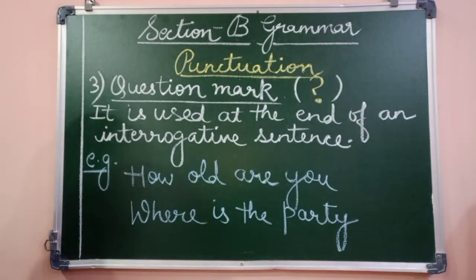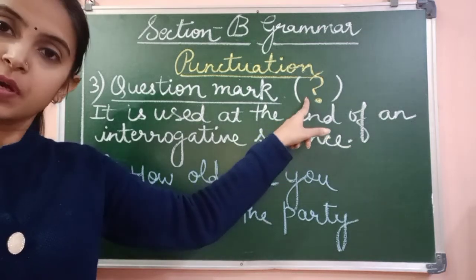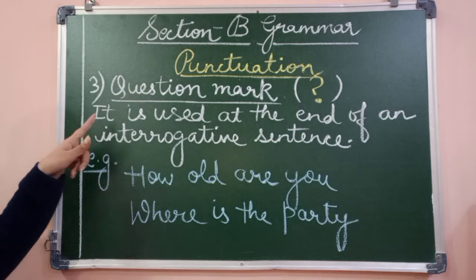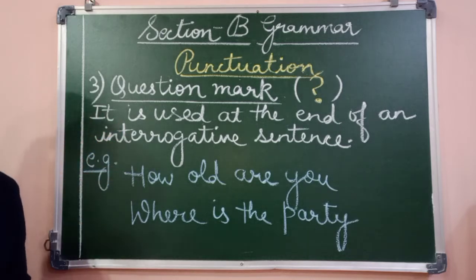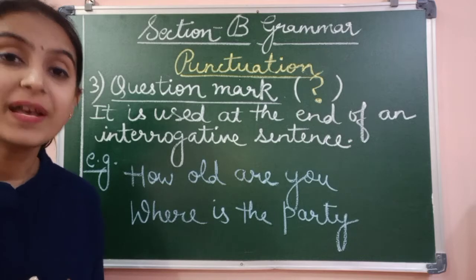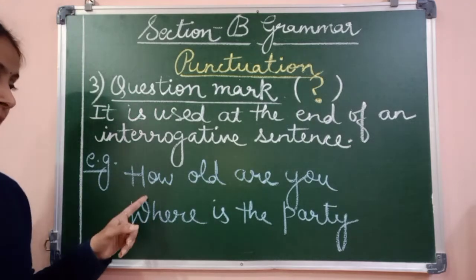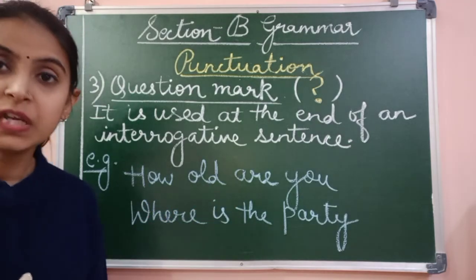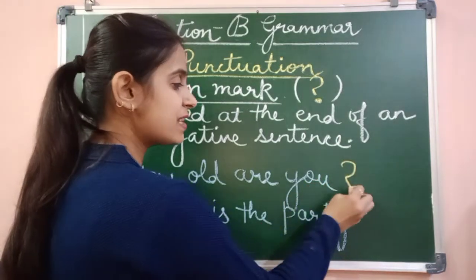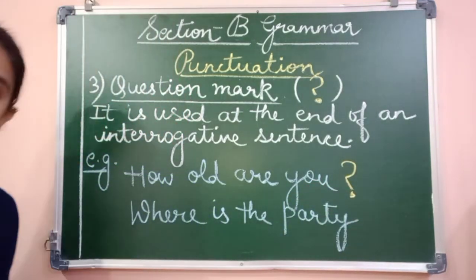The next punctuation mark is the question mark. Okay, this is the sign of the question mark. Now children, a question mark is used at the end of an interrogative sentence. An interrogative sentence means a sentence which asks a question. Okay, for example, how old are you? Now since this is a question, we put a question mark at the end of this sentence.